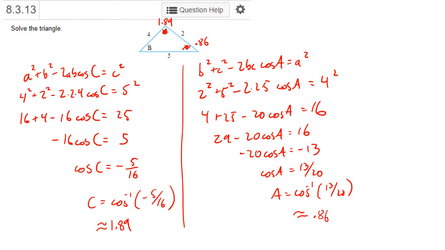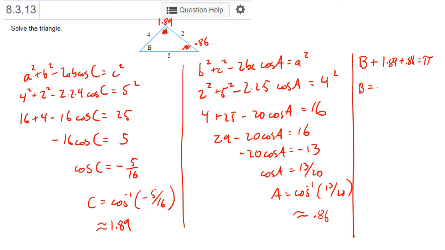Now we could do the law of cosines again to find the third angle, or I could just remember that the angles of a triangle add up to not 180, because we're not using degrees, we're using radians. The angles of a triangle add up to pi. So b plus 1.89 plus 0.86 must add up to pi.